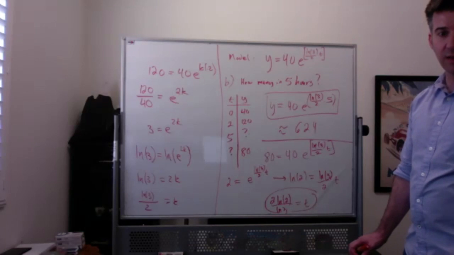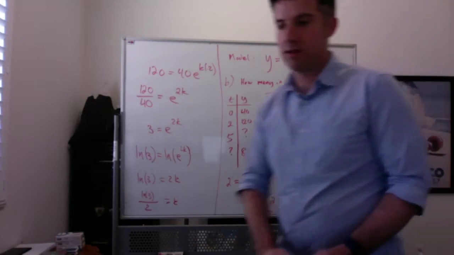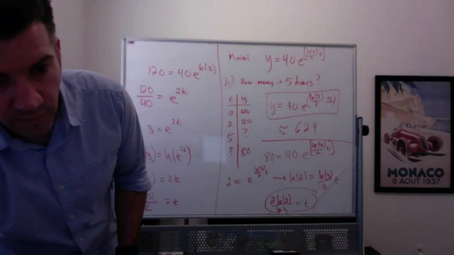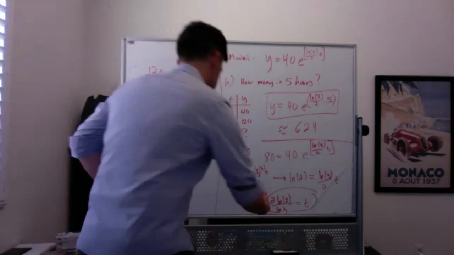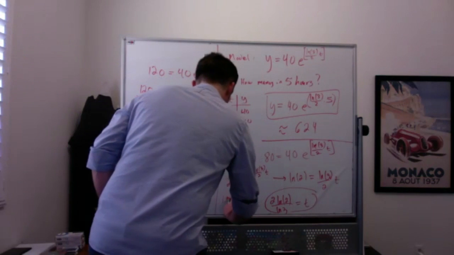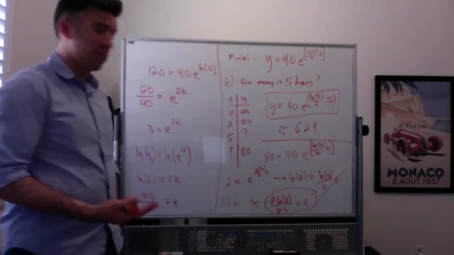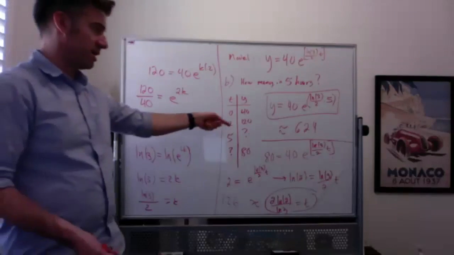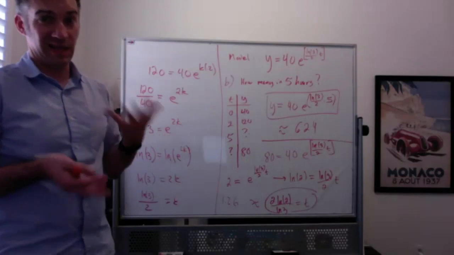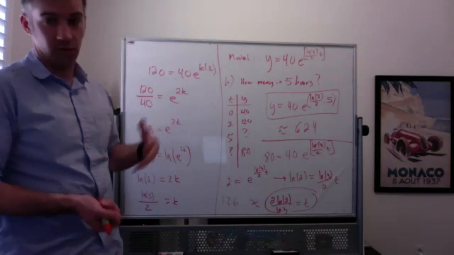And that ends up being, with the calculator, approximately 1.26 hours. Again, which makes sense, because we know it takes 2 hours to get to 120, so it should take less than 2 hours to get to 80, which is double what we started with.